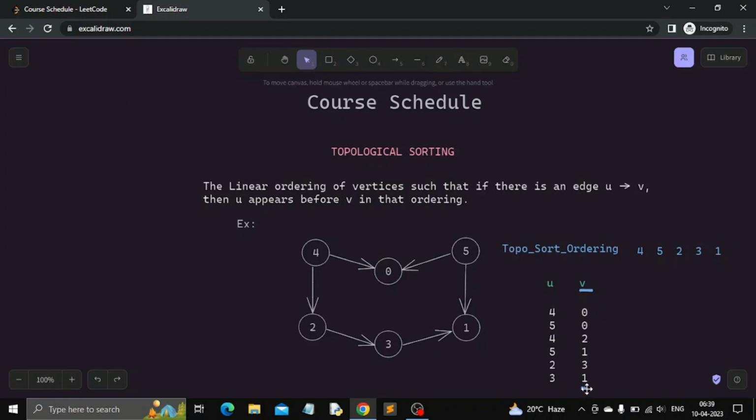Node 0 was dependent on node 4 and node 5, and we were done with them in the beginning only. So now we can write node 0. So this is one valid topological sort ordering of this graph. Now there can be other valid orderings.